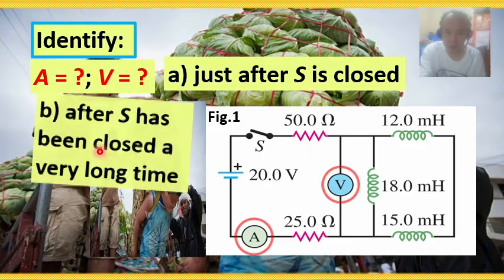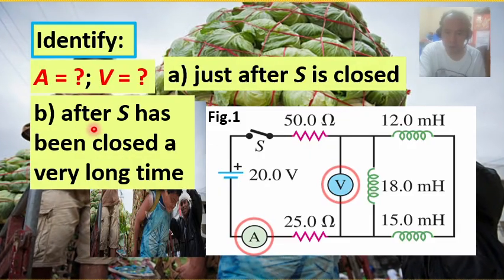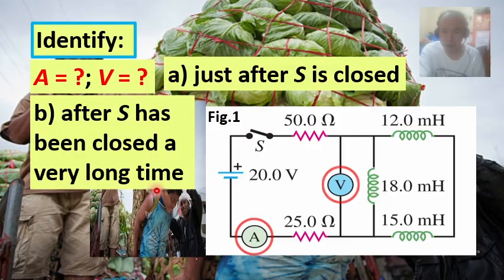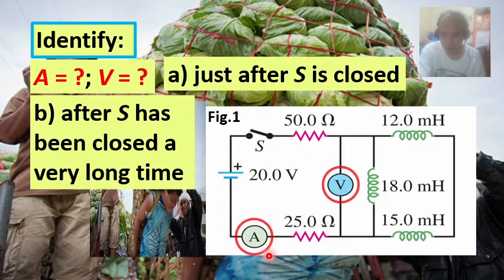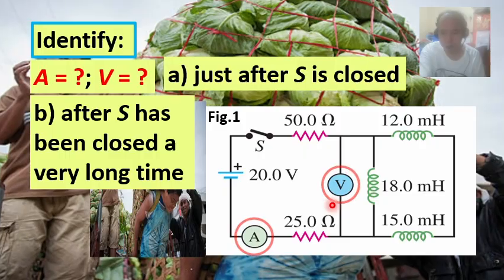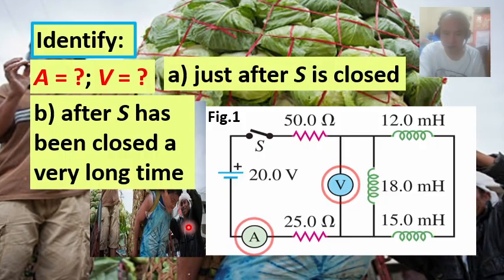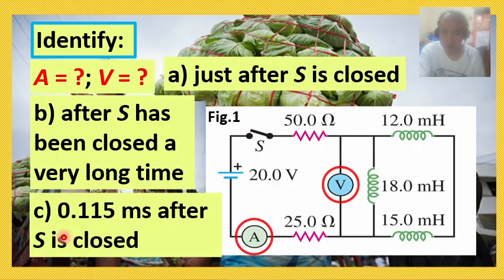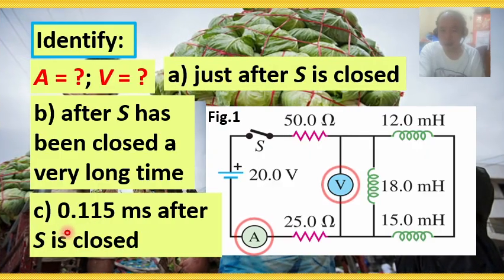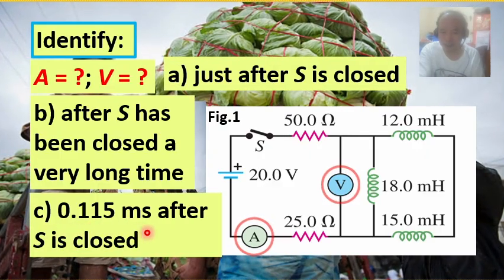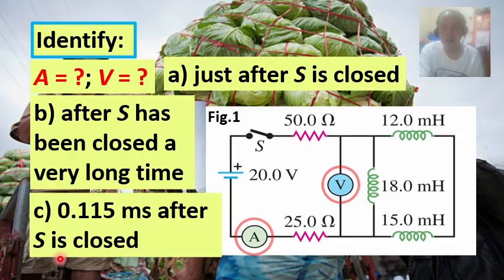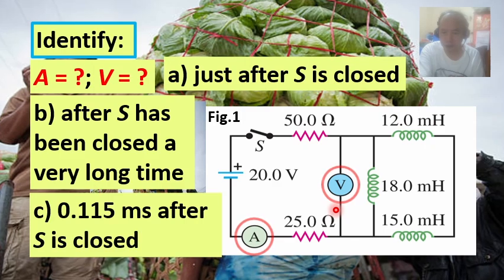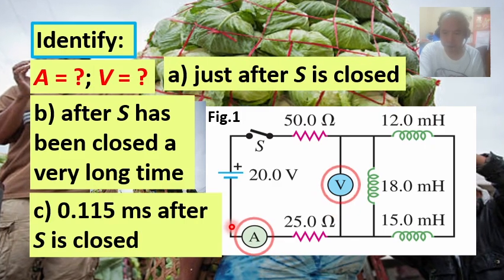And in part B, after the switch S has been closed a very long time, the same question, what are the ammeter and the voltmeter readings? And in part C, at an instant t equals 0.115 milliseconds after the switch S is closed, what are the ammeter and the voltmeter readings?